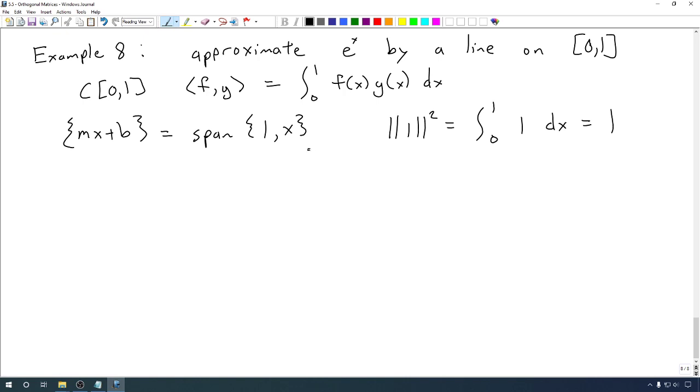And in fact, we'll focus first on the orthogonality, and then later on we can always scale it to make it a unit vector. Just divide by its magnitude. So let's try to find a vector that is orthogonal to 1.